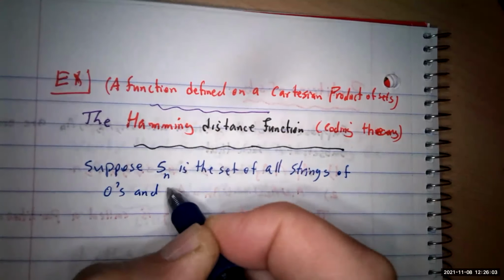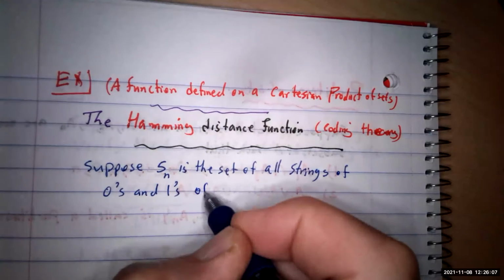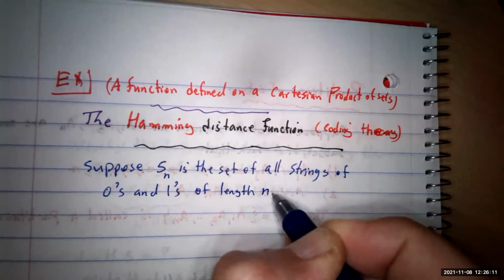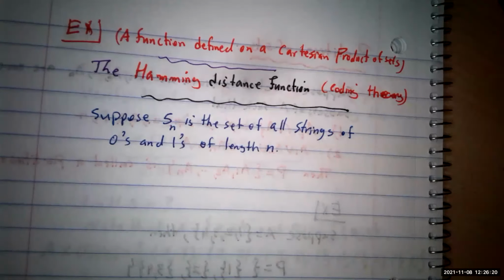You know that these are the numbers that we use for the codes of length n. Okay, so if we talk about S_2, we mean only 00, 01, 10, 11. If we talk about S_3, the length must be 3, etc. So S_n is the set of all strings of 0s and 1s of length n.